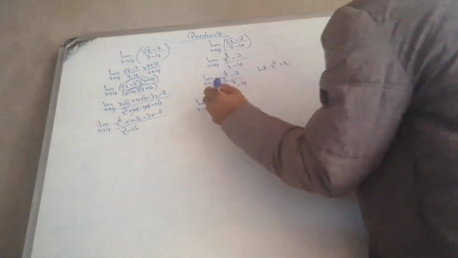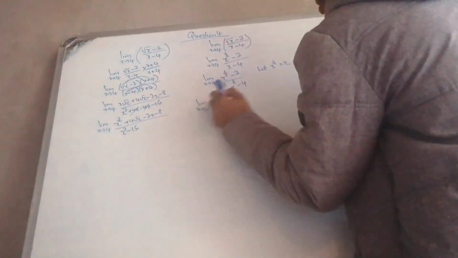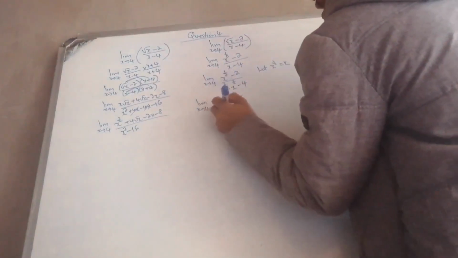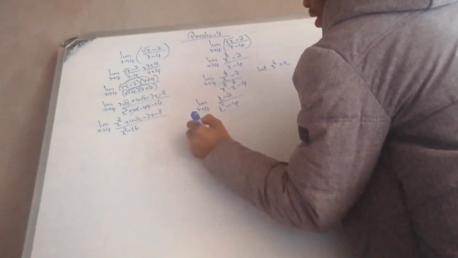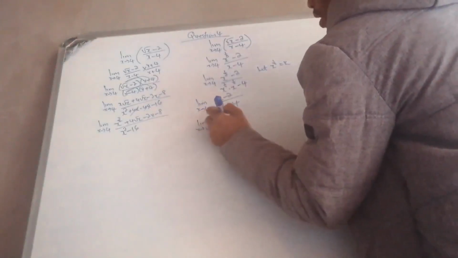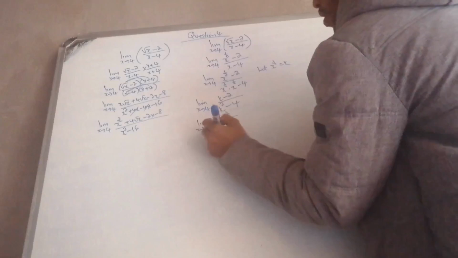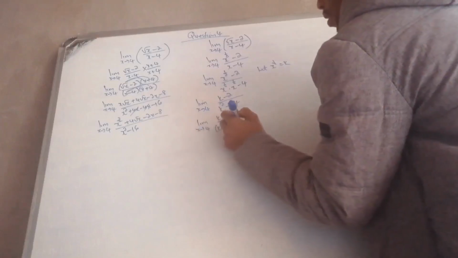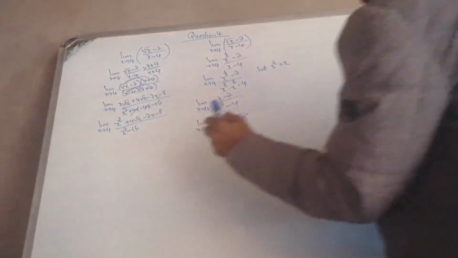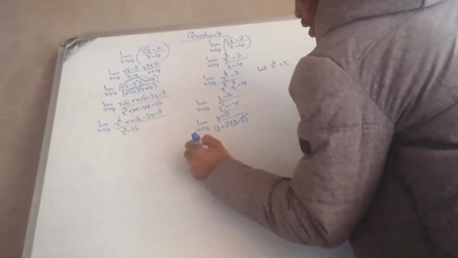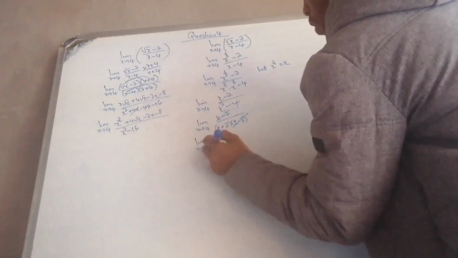By letting x to the exponent 1/2 equal k, I can have k minus 2 and I can have my k squared minus 4. Can you see what I'm trying to do here? And I can say the limit as x approaches 4 of k minus 2 over a difference of 2 squares. Now this into this goes once. You have the limit as x approaches 4 of 1 over k plus 2.